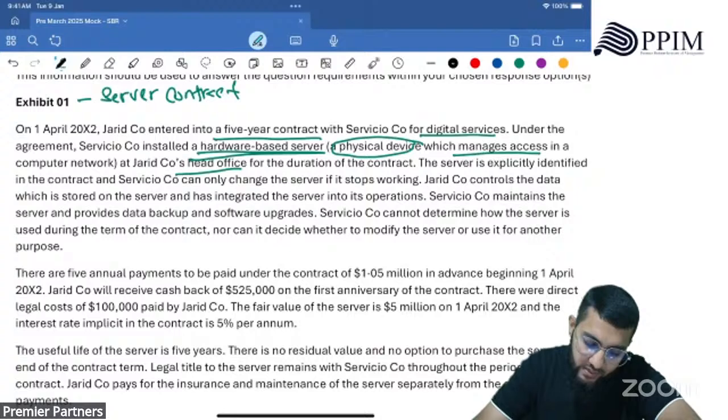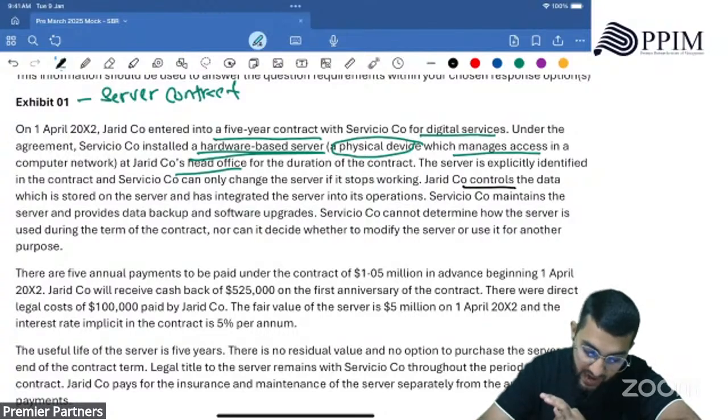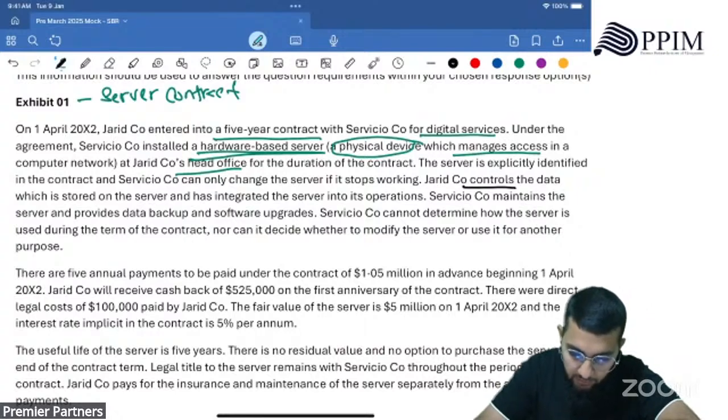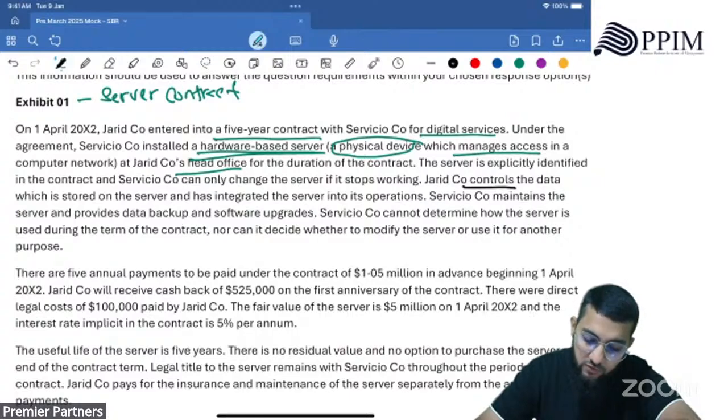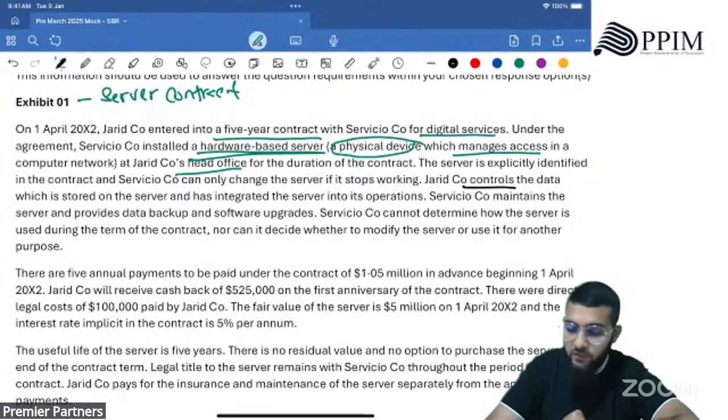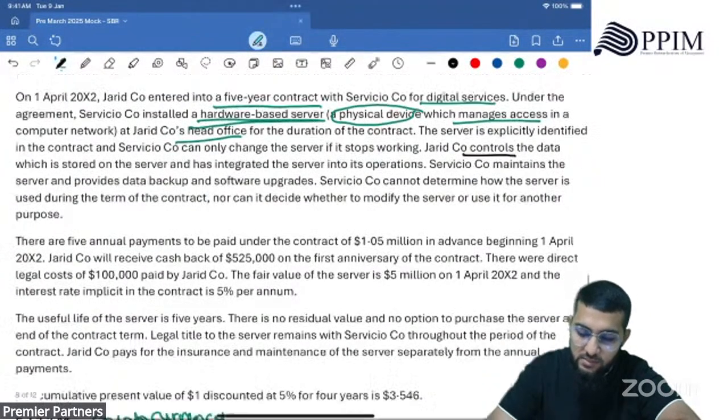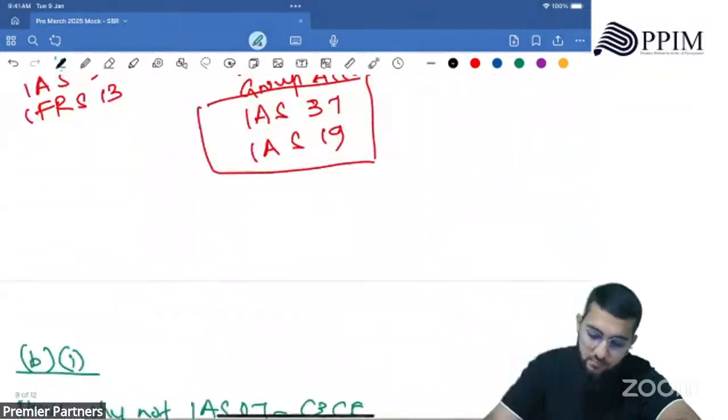Jaritco controls the data which is stored on the server and has integrated the server into its operations. ServiceCo maintains the server and provides data backup and software upgrades. Maintenance, data backup, software upgrades. But ServiceCo cannot determine how the server is used during the term of the contract, nor can it decide whether to modify the server or use it for another purpose, right?